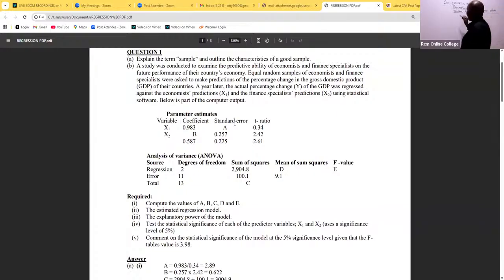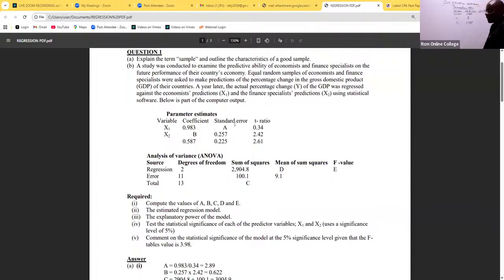Okay, so constant is what was missing. And then now we have x1. We have x2. Just allow me to finish copying this down. So we have here 0.983. Then we have B, 0.587.